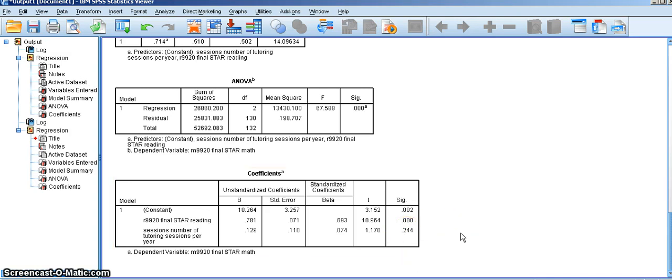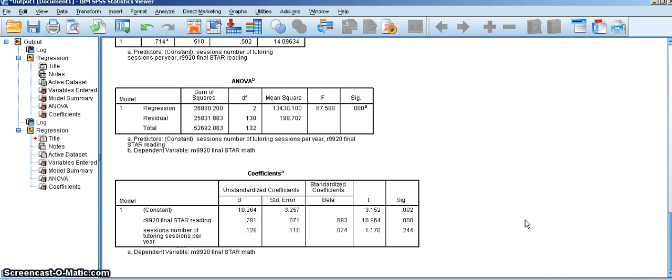So in this case, this particular predictor will not be a significant one. If we want to set up our equation, again, these are the numbers that we're going to look at. We have our y-intercept, we have our b1 and b2 in this case because we have multiple predictors.